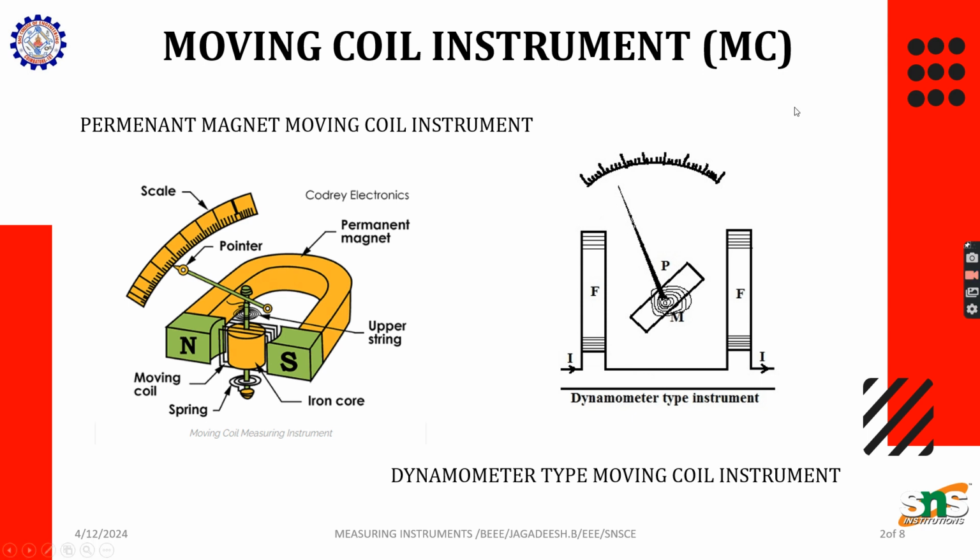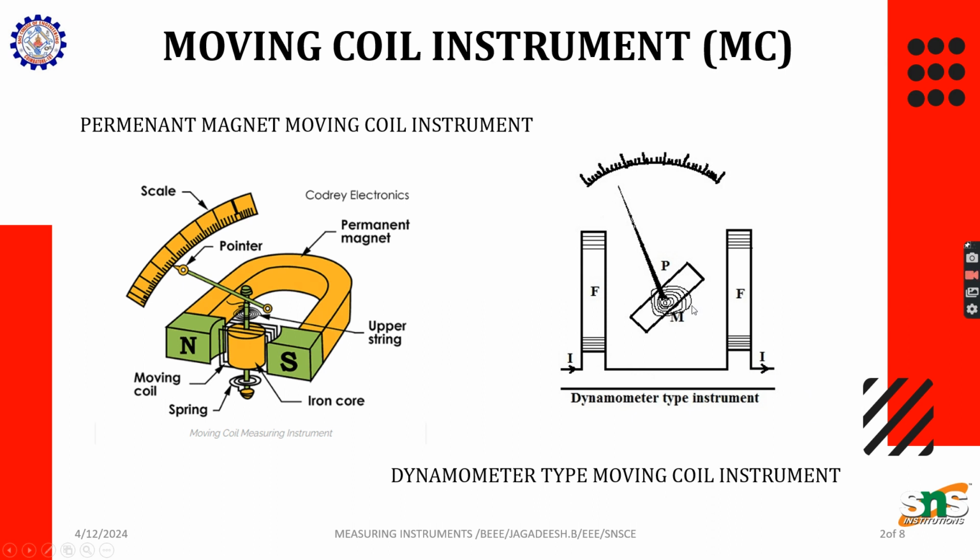Let me come to the second part, the dynamometer type instrument. Here it's very simple. There is a fixed coil which is marked as F. Here is a winding indication, and here is also a winding indication. The same winding is wound and given to the other fixed coil F, and connected to the minus.